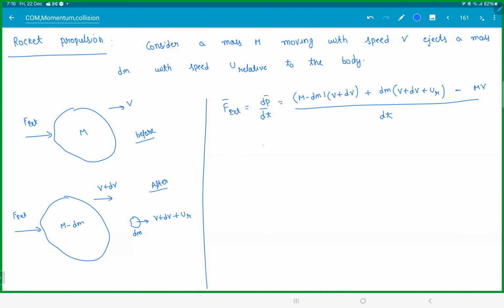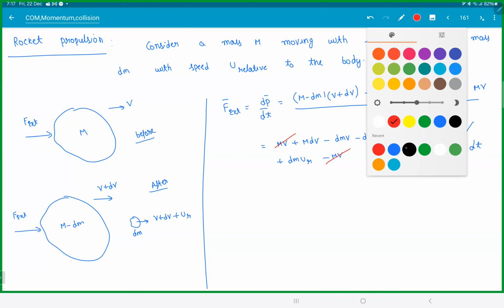So if you expand this, mv plus m dv minus dm v plus dm u relative minus mv, by dt.